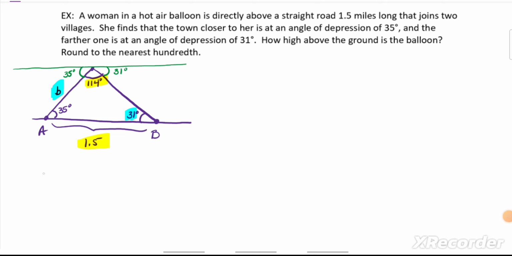We'll have 1.5 over sine of 114 equal to side, I'm calling it B because we're across from village B, over sine of 31. To solve for our side B, we'll simply multiply both sides by sine of 31.